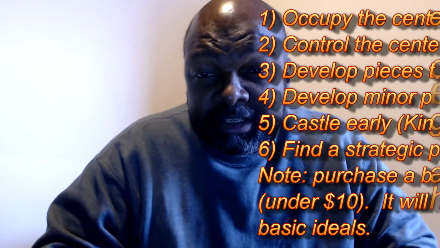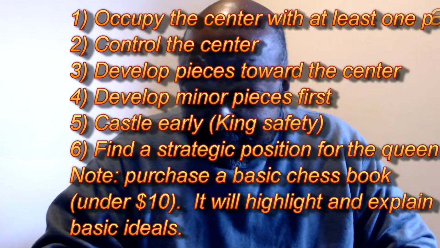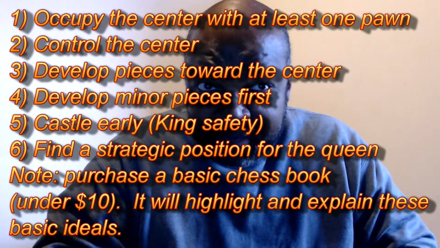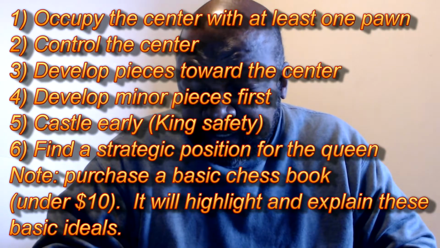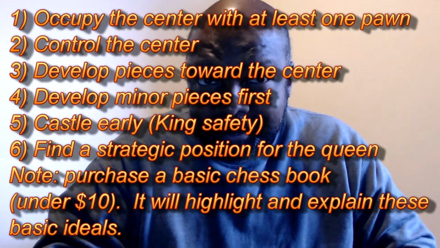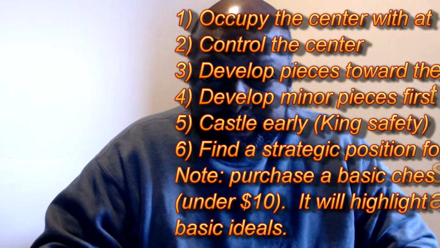Develop your minor pieces quickly and develop them towards the center, which means knight to f3 or knight to c6 if you're playing white. If you're playing black, that means knight to f6 or knight to c6. I think I said that wrong. If you're playing white, it's f3 or c3. Develop your bishops behind those knights.